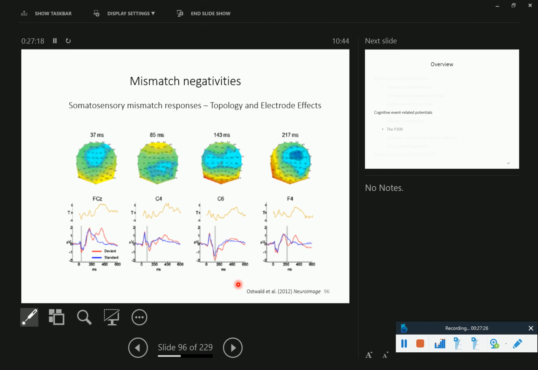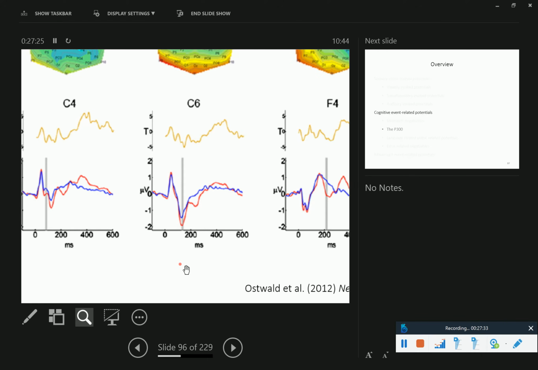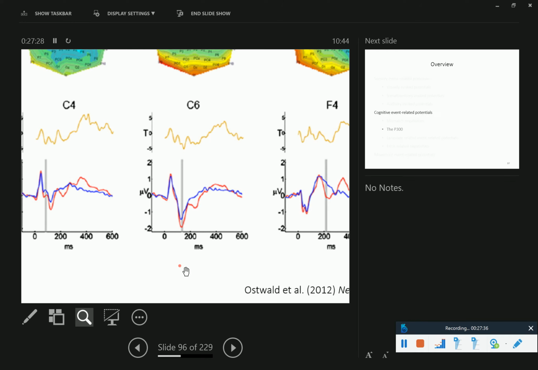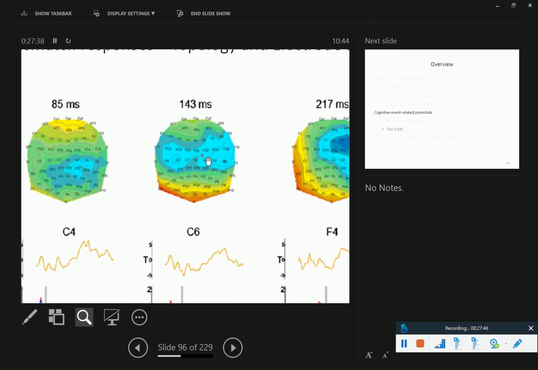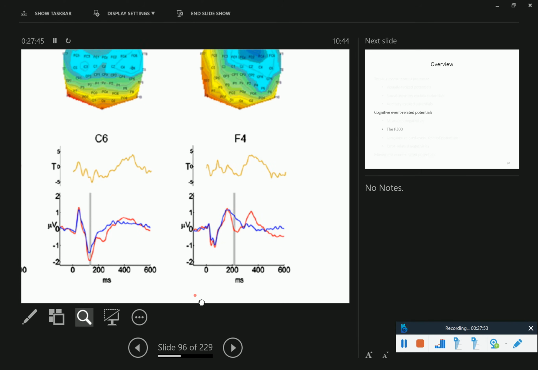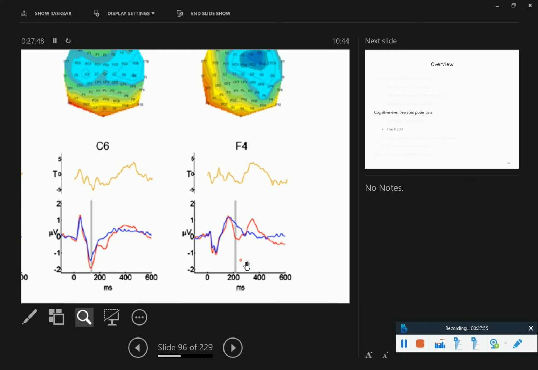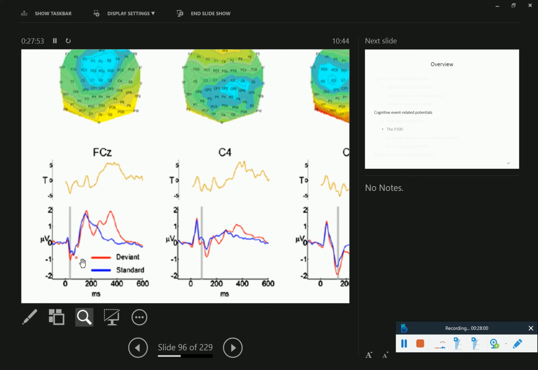In any case, in the temporal ballpark of the typical mismatch negativity, so 150 to 250 milliseconds post-stimulus onset, we see this negativity primarily over secondary somatosensory cortices. And then we have later P3A and P3B responses, but there are also differences a little bit earlier on.